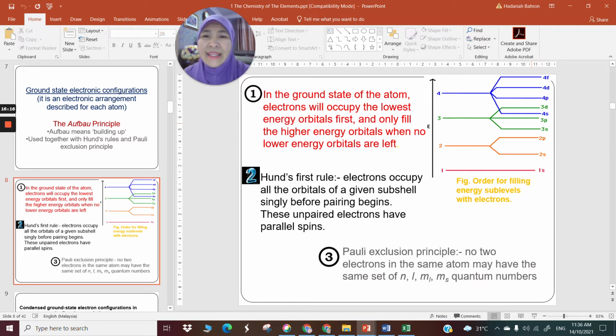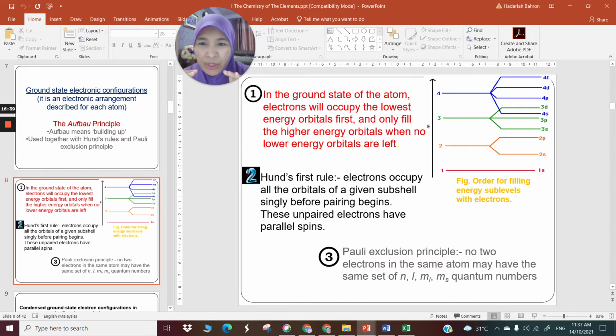So you might recognize this. When I say s block, you remember the periodic table that we discussed earlier? S block means the last electron to come in is staying on an s orbital.